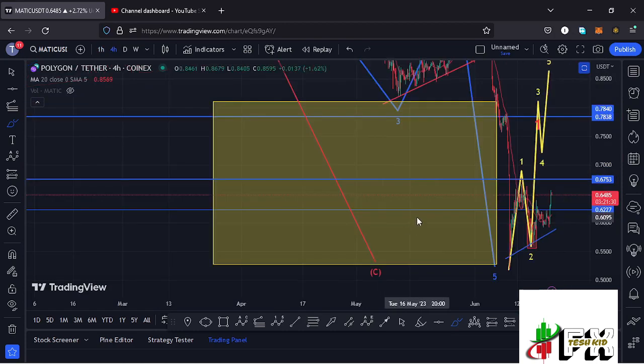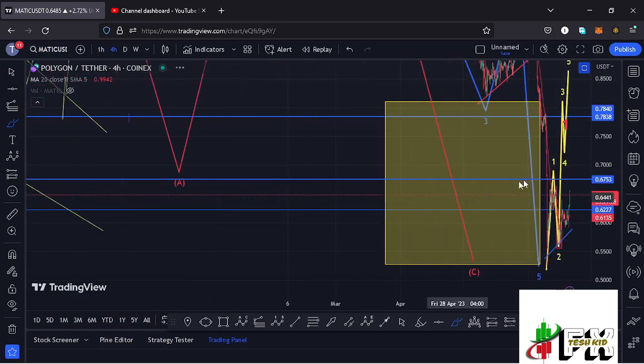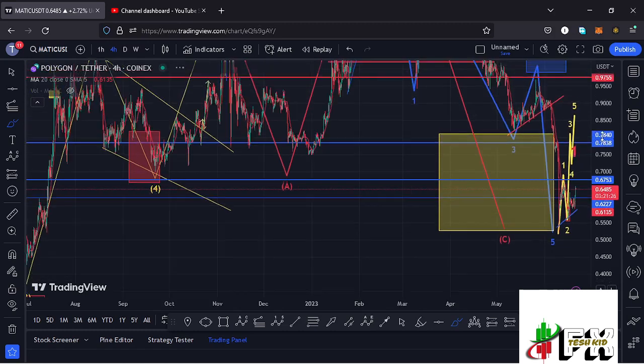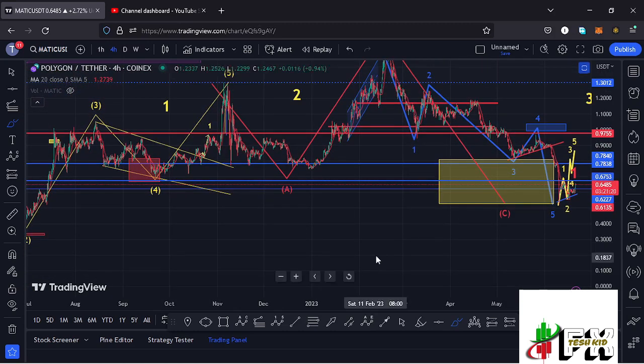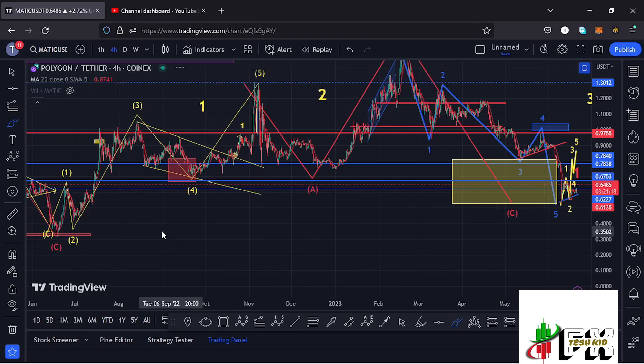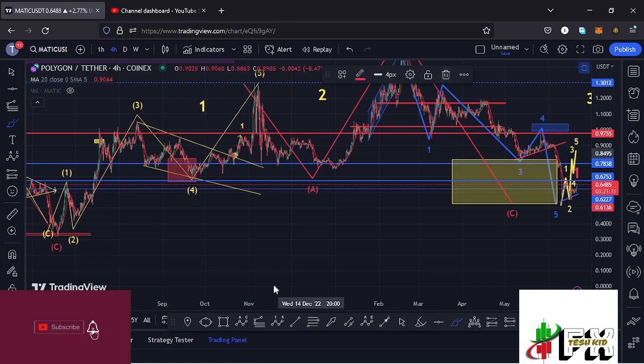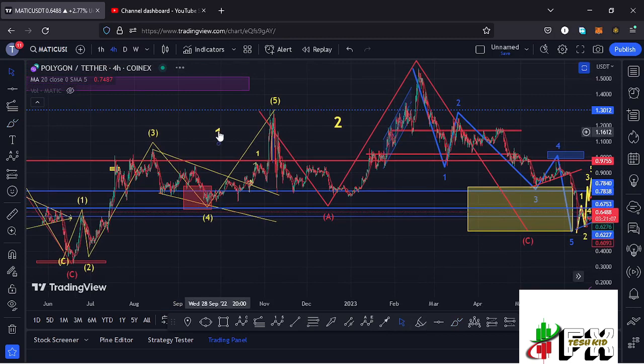And jumping to the 4-hour chart for further analysis, still basing it on the Elliott wave structures. Here on the 4-hour chart, you can see that after seeing our June lows last year, we saw this 5-wave move to the upside, giving us a high at around the $1.3 mark, completing the formation of this larger Elliott wave count 1.